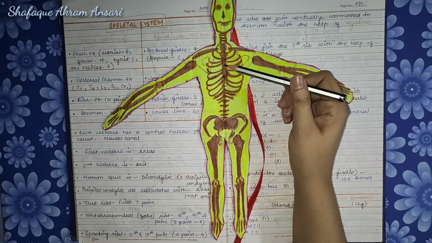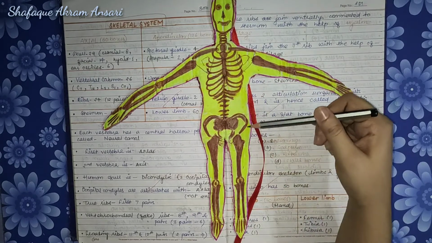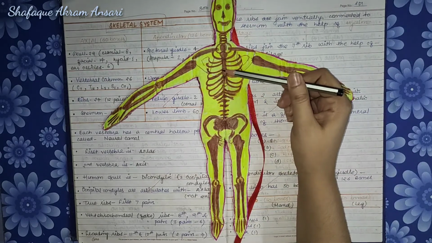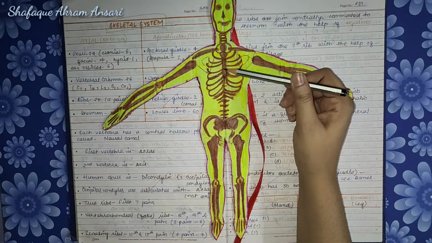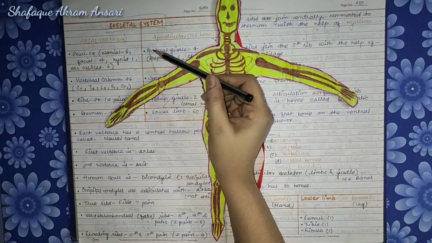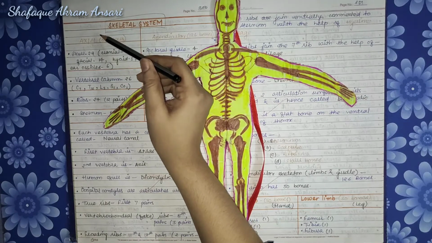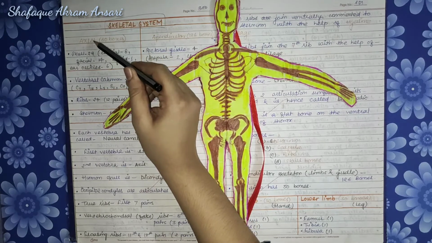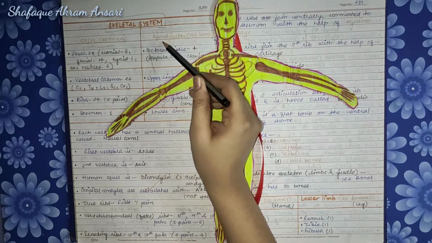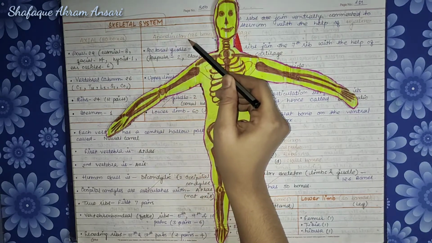The human skeleton performs 6 major functions: support, movement, protection, production of blood cells, storage of minerals, and endocrine regulation. The skeleton is traditionally divided into 2 major parts: the axial skeleton and the appendicular skeleton.